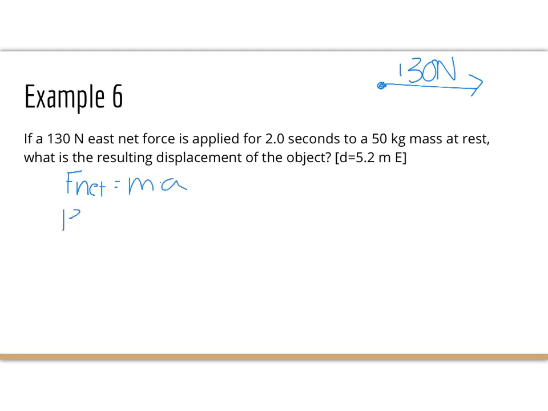So we have 130 newtons is equal to our 50 kilogram object times its acceleration. If I find its acceleration, I have its time, its initial velocity, we should be able to find its displacement. So acceleration from here equals positive 2.6 meters per second squared.